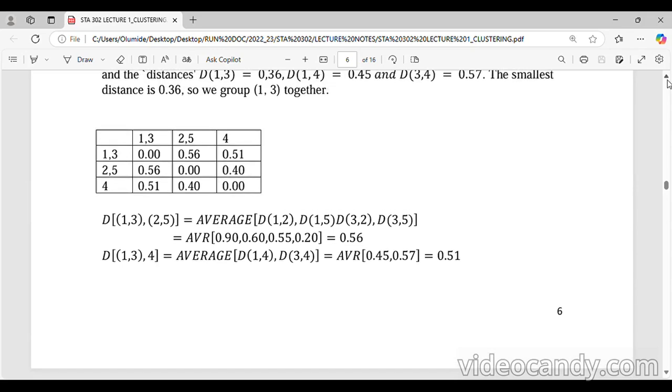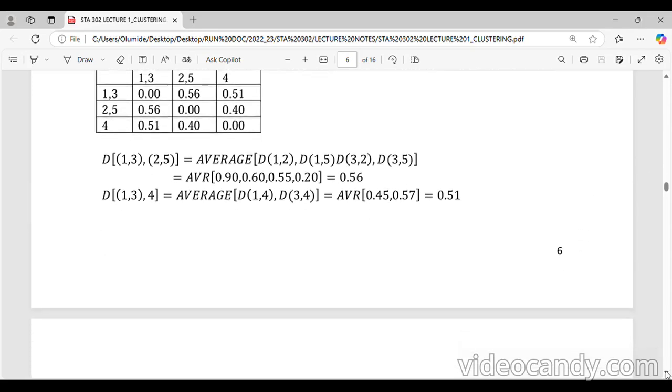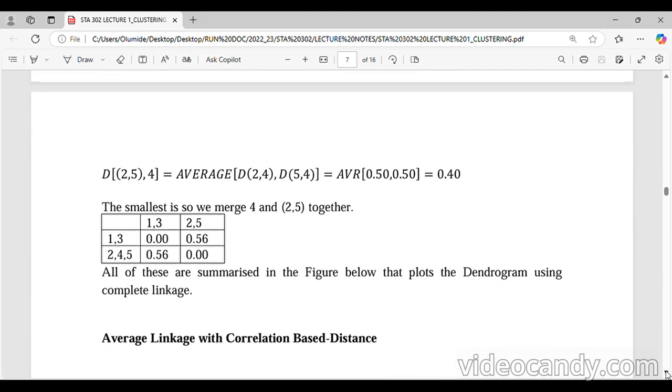Now we bring 2, 4 and 5 together. At the end we are going to have 2 clusters: 1 and 3, and 2, 4 and 5.